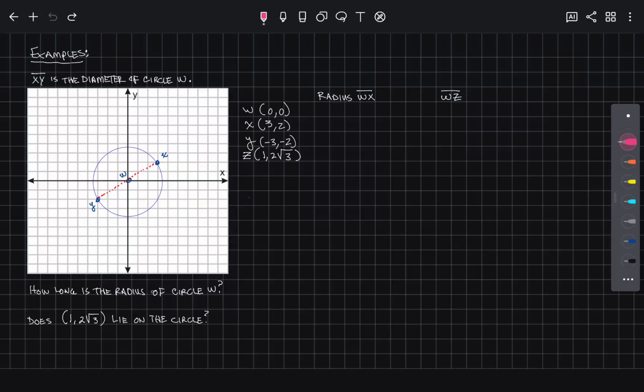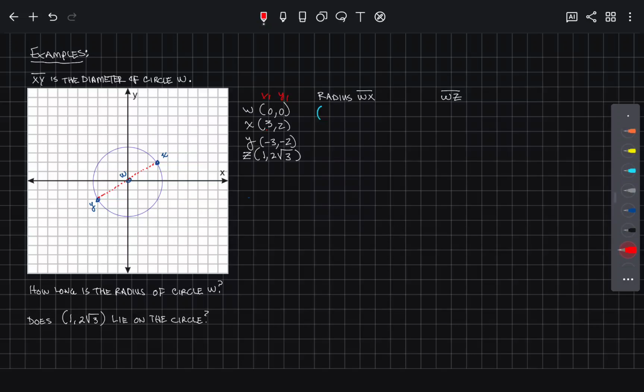So how long is the radius of circle W? Well, we could go from the length of W to Y, or we could go from W to X. It doesn't really matter. So let's go W to X. It seems easy to work with zeros in 3 and 2. So radius W to X. I'm just going to go ahead and label these real quick.